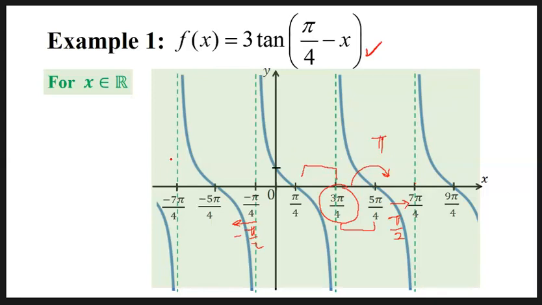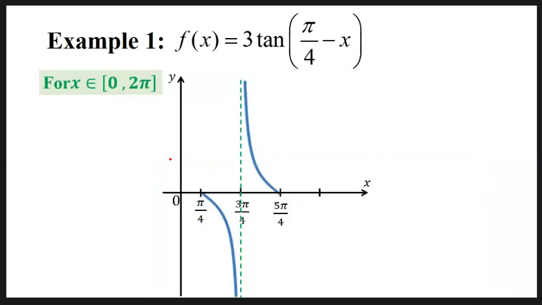Okay, next. Let's say now I have another domain from 0 to 2 pi. How should we get the answer here? So again, we use this one cycle graph here as a foundation, and let us try to find out for the case of 2 pi, where does it actually reach?